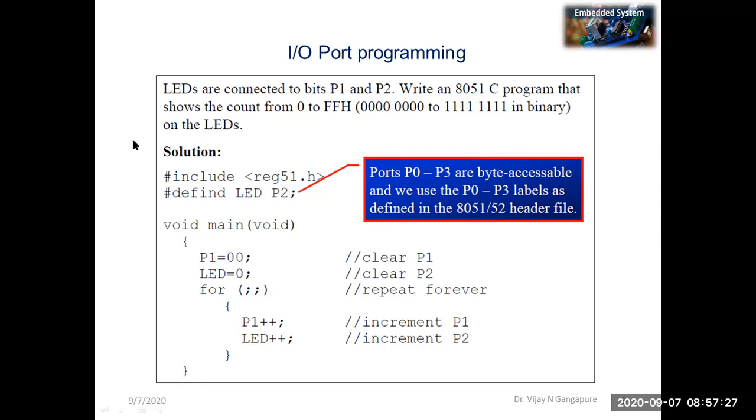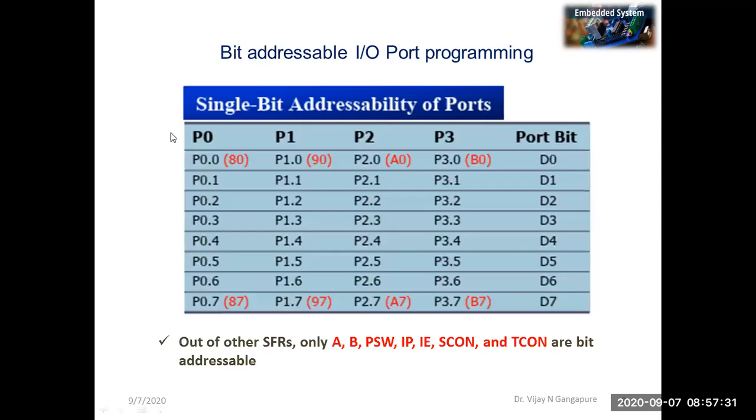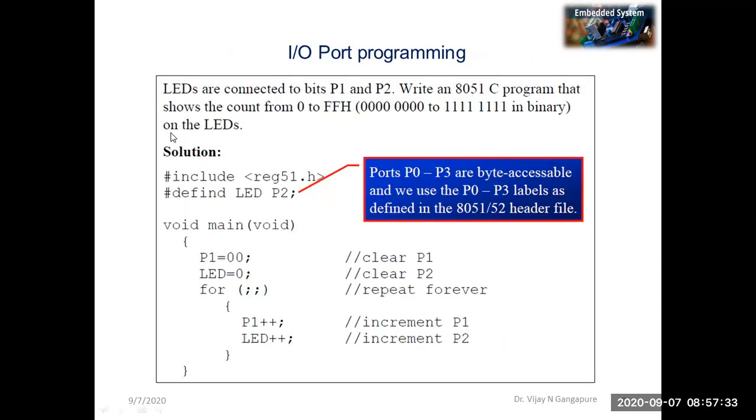The first example given here: LEDs are connected to pins of port 1 and port 2. Write an 8051 C program that shows the count from 00 to FFH, that is 0000 0000 to 1111 1111 in binary, on these LEDs.